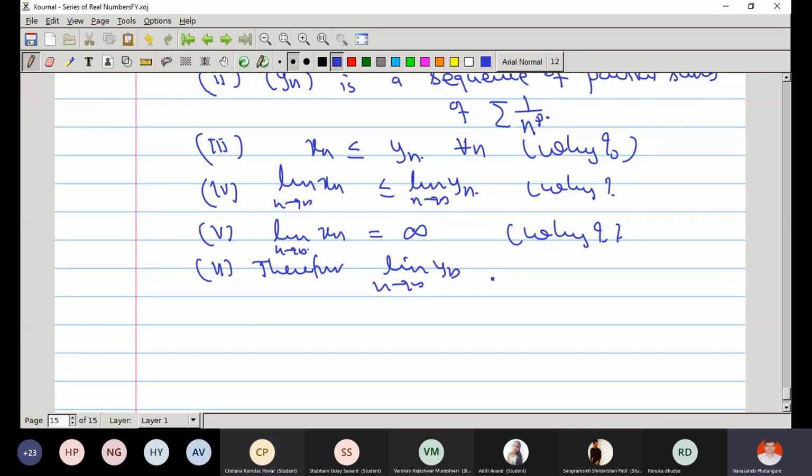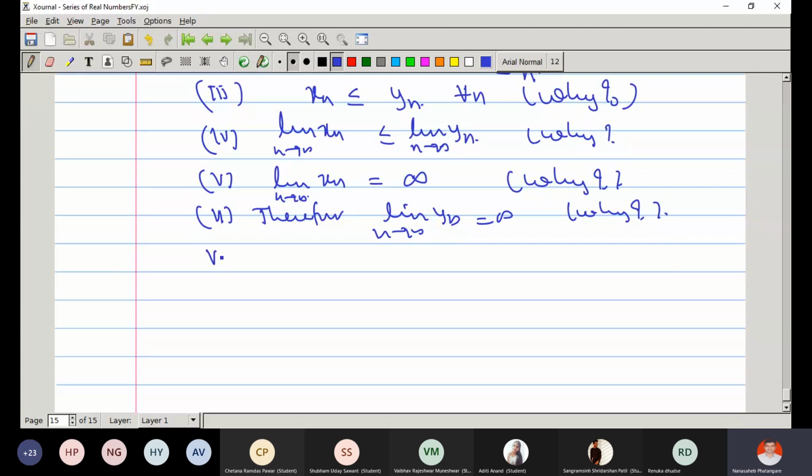Because if the smaller is going towards infinity, then ultimately the larger would go to infinity. Correct? And therefore, what is the seventh step? Therefore, what about the series? The corresponding series is divergent.